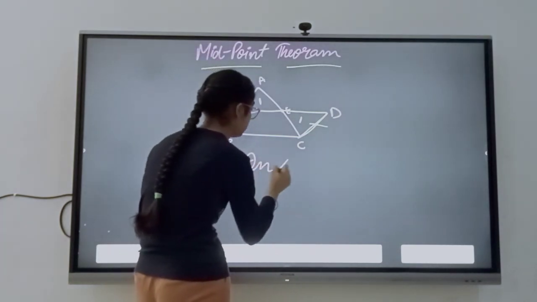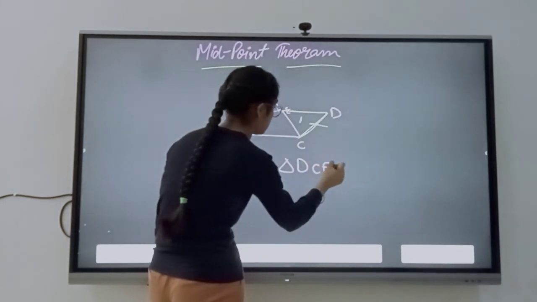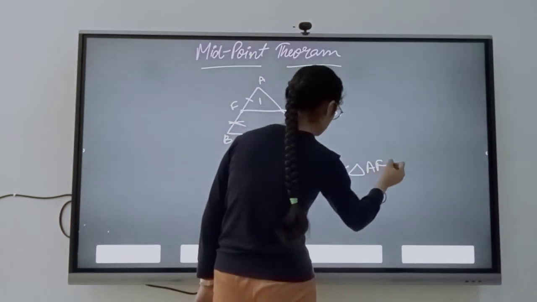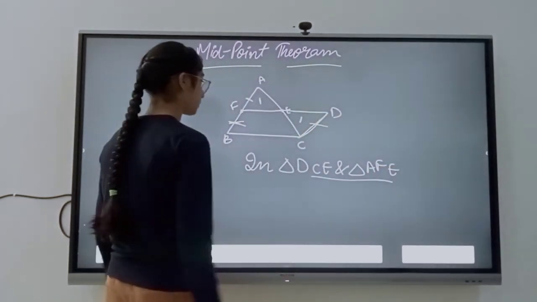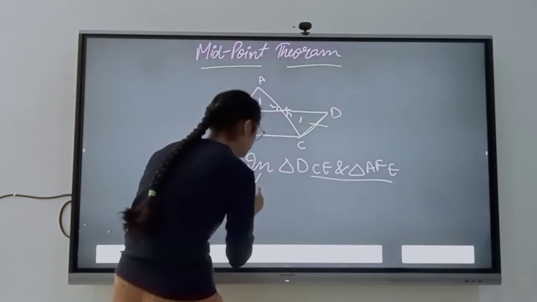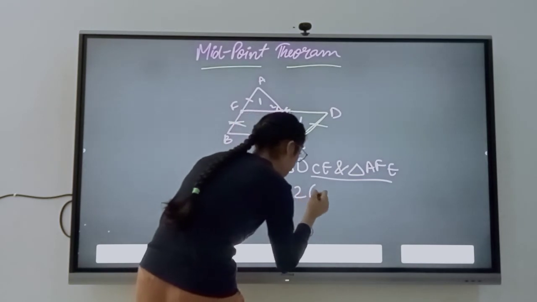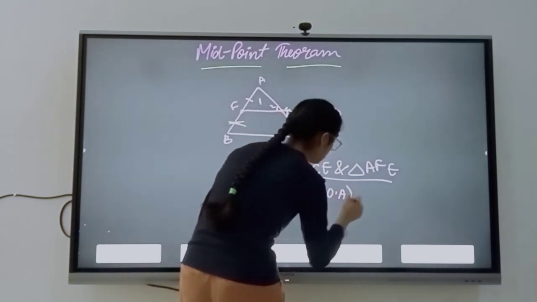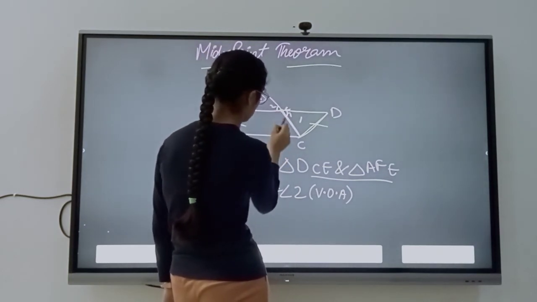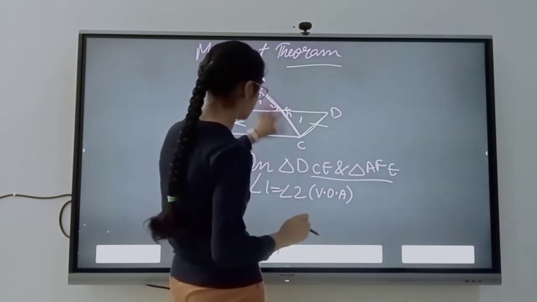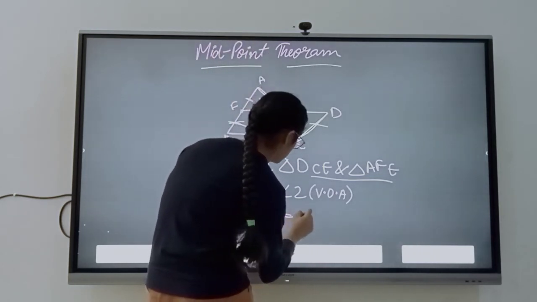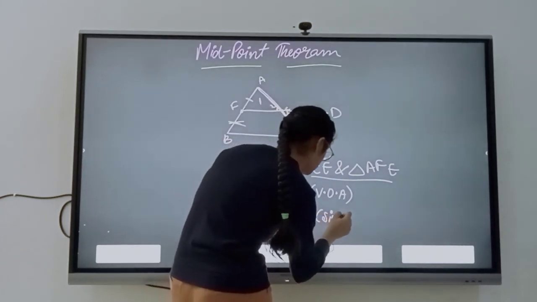So in triangle DCE and triangle AFE, we can say that this angle 1 right here is equal to angle 2 using the vertically opposite angles property, and this is equal to this, AE is equal to EC since E is the midpoint.